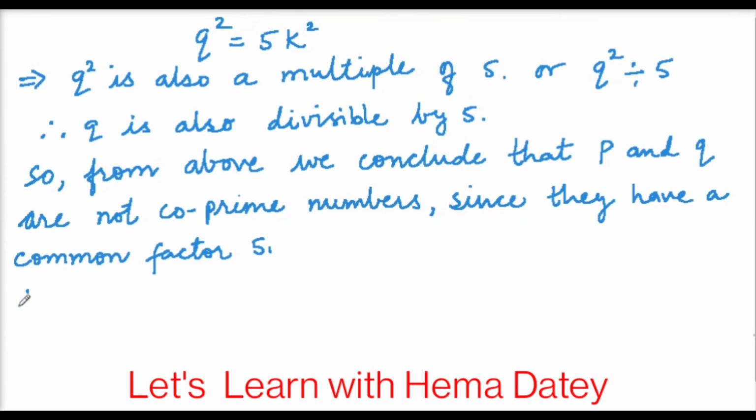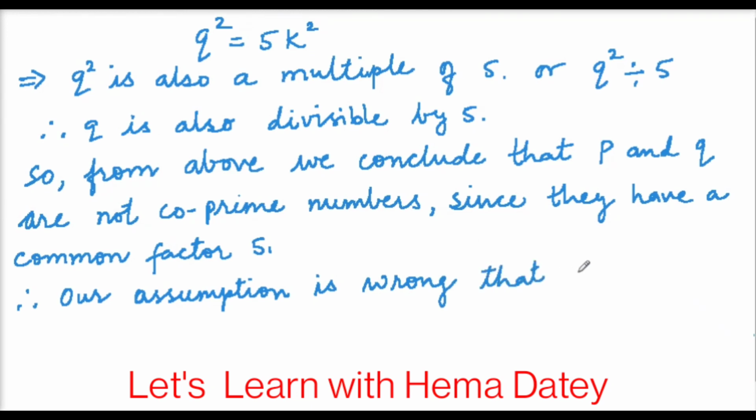Therefore, what we have assumed is wrong. So we write our assumption is wrong. What had we assumed? That square root of 5 is a rational number.